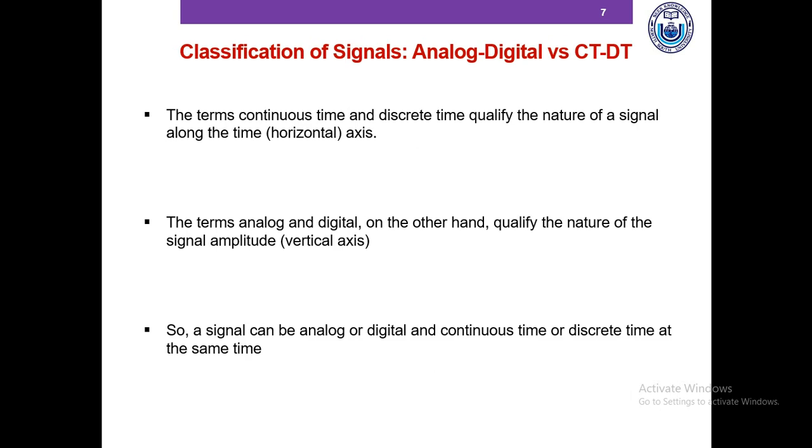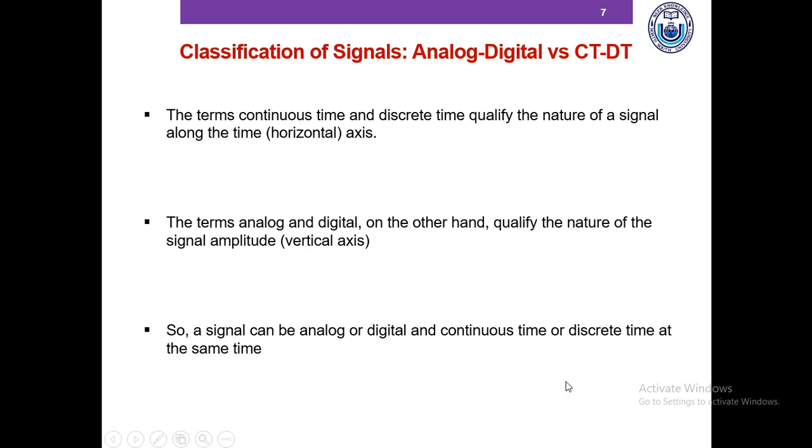However, we must not mix up analog and digital signals with continuous time and discrete time signals. These are two separate classifications. The terms continuous time and discrete time qualify the nature of the signal along the time axis or the horizontal axis. So to determine if a signal is continuous time or discrete time, we need to look at the time or horizontal axis.